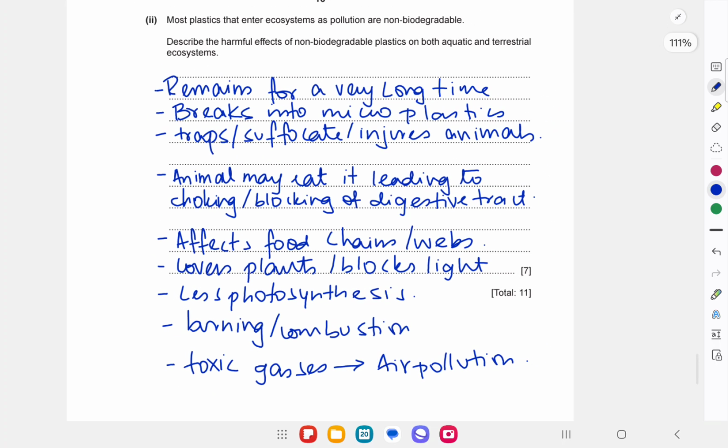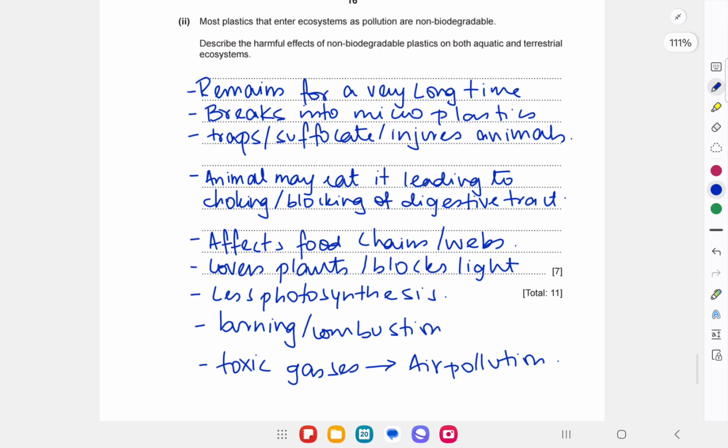Okay, so the reason of the harmful effects is that these non-biodegradable plastics basically remain for a very long time, almost forever, right? Because they cannot be decomposed. So over a long period of time, they break into very small pieces of plastics called microplastics.